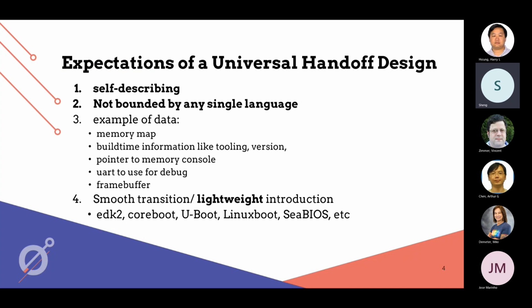But here, asking back the original question: what would be the expectation for a proper universal handoff design? Universal in here means that it can be applicable to all the bootloader solutions, like for example EDK2, U-Boot, coreboot, or Linux Boot, and other boot solutions as well. The first thing that we ask for is self-describing.